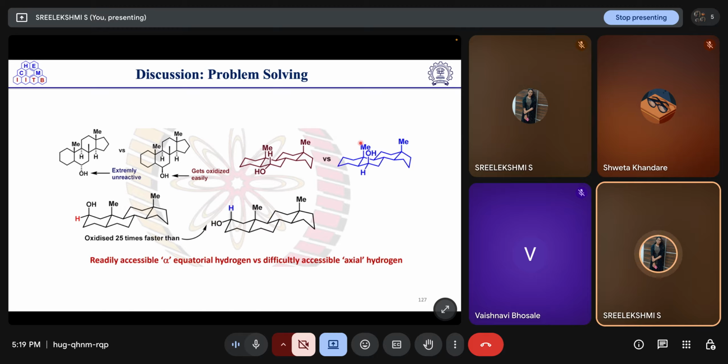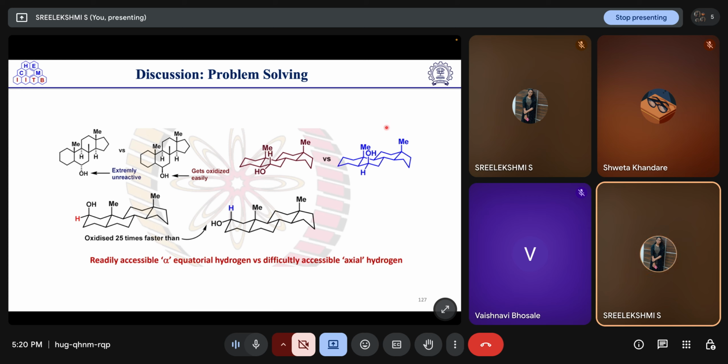So one criterion for the oxidation of alcohols by Fetizon's reagent is that the alpha hydrogen should be easily accessible. So here, as we can see, this hydrogen is axial, but this hydrogen is equatorial, and abstracting this hydrogen is very difficult because of the steric hindrance from this methyl group, but this one is more free as compared to this.